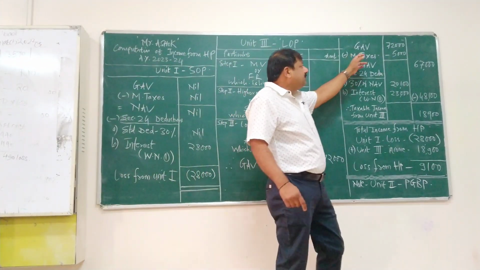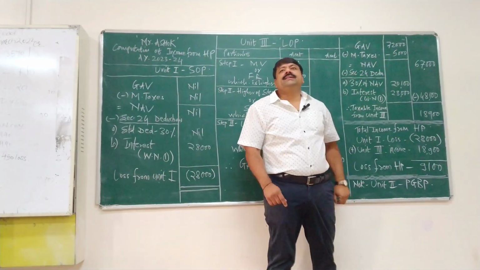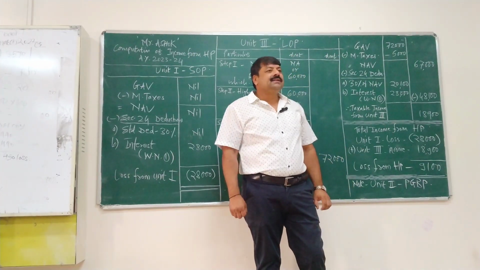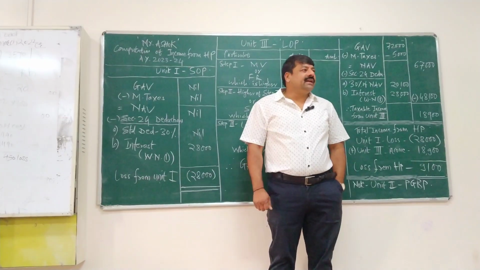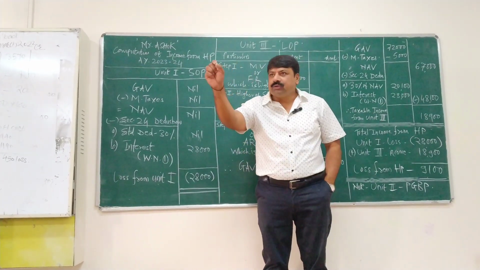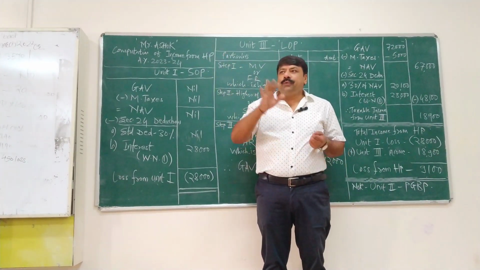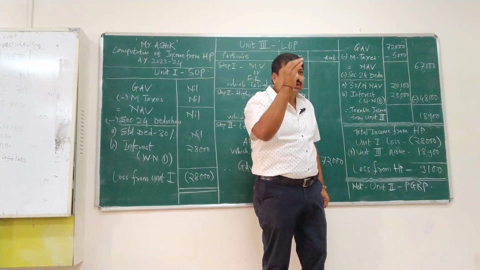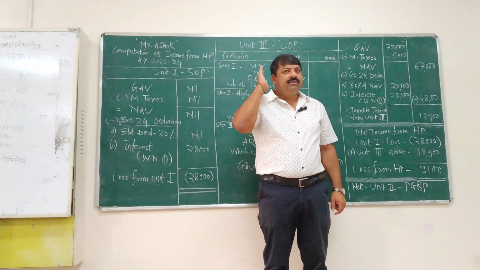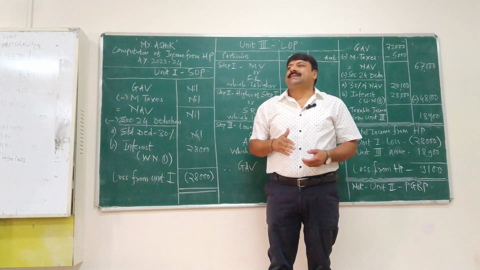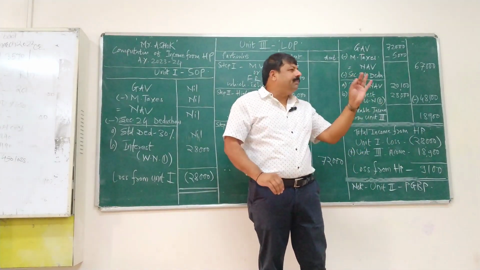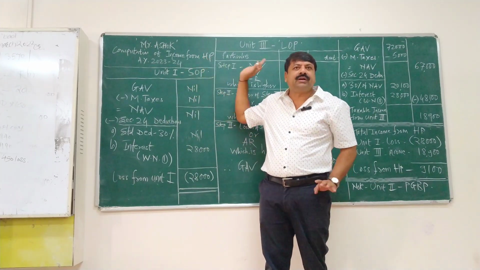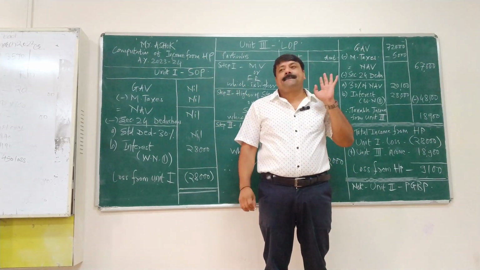So gross annual value 72,000 minus municipal taxes 5,000. Why 5,000? See, municipal taxes are 18,000 total, out of which 15,000 are actually paid. We provide deduction for municipal taxes only when municipal taxes are actually paid by the assessee, Mr. Ashok, not by the tenant.